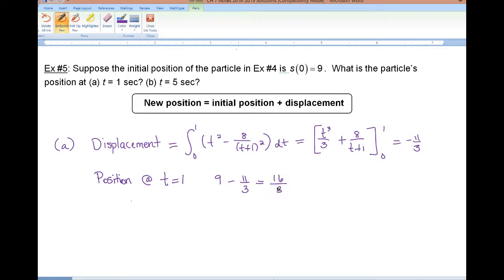Just literally plug it in and you'll see what happens.